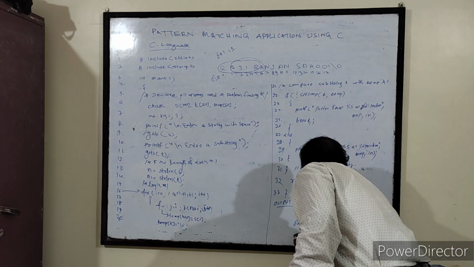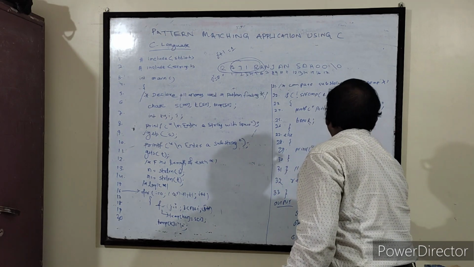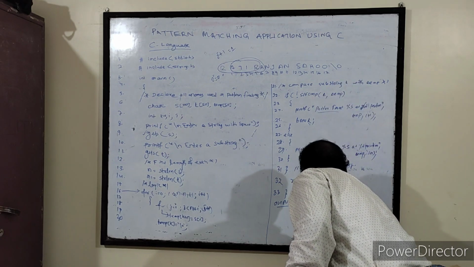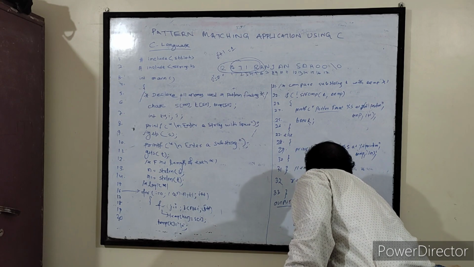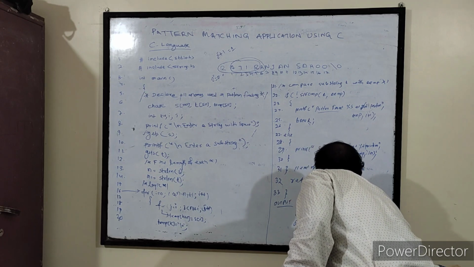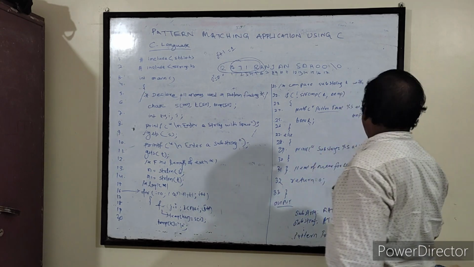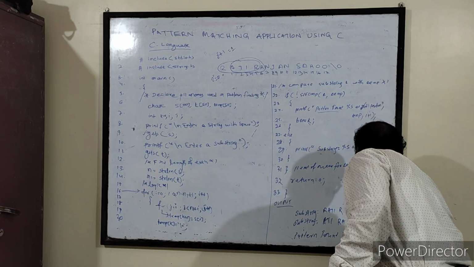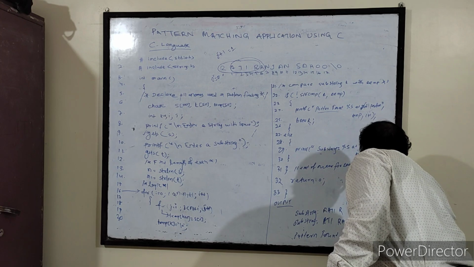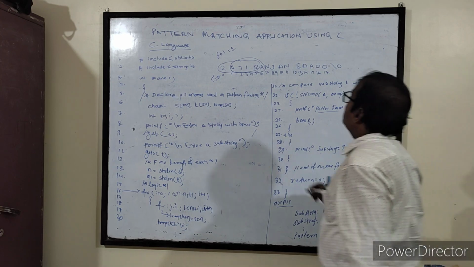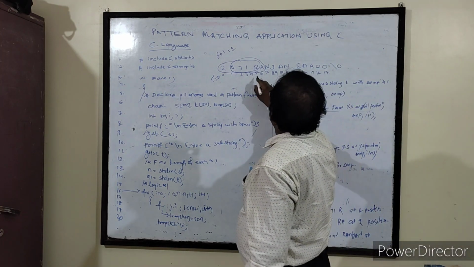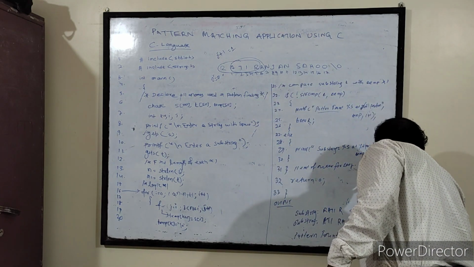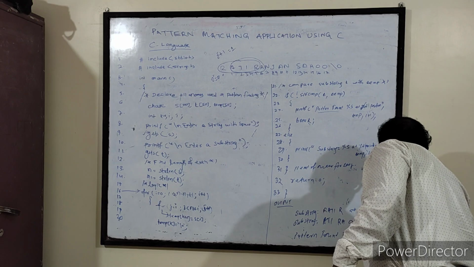At some point, you will find here pattern found. What is the pattern found here? Ranjan. At which position did we find it? 5 means it is 6. At 6th position. Alright, 6th position.